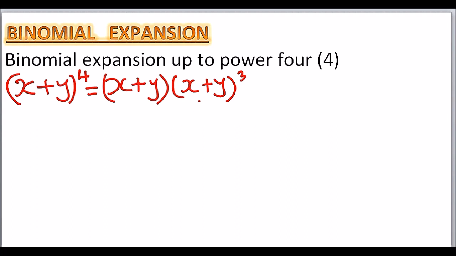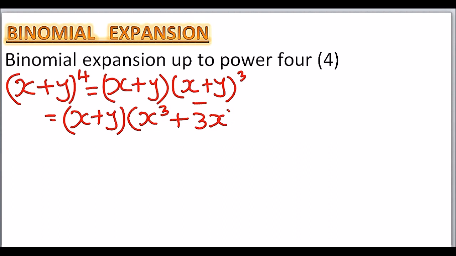We have already expanded this when the index was 3. So we can replace it here, and say this equals (x plus y) times (x to power 3 plus 3x squared y plus 3xy squared plus y to power 3).